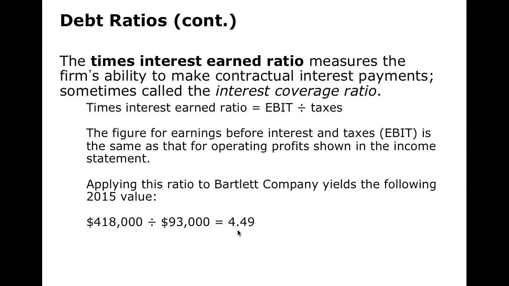So it measures the ability to pay your interest payments. Remember, EBIT is the same as operating profits in the income statement. A lot of times when I look at times interest earned ratio, I also think of earnings divided by the interest I owe on my loans.